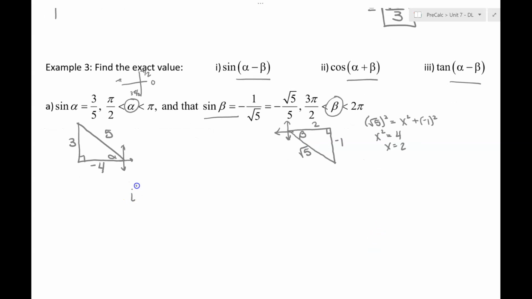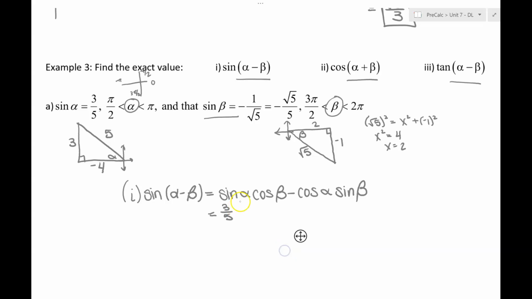So for the first one, we have the sine of alpha minus beta. It's the sine of the first angle times the cosine of the second, same sign, so minus cosine of the first angle, sine of the second. I'm going to use my triangles. In the alpha triangle, the sine is 3/5.